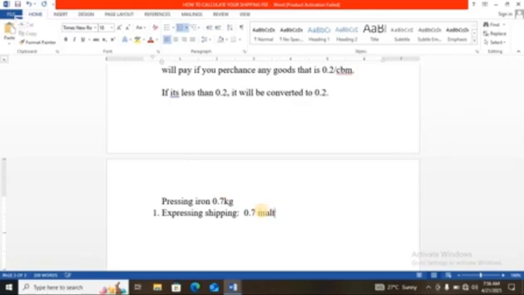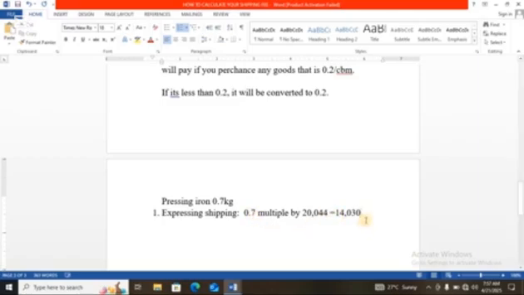multiplied by the express shipping fee, which is 20,044. What you will have is 14,030. So this is the amount you are going to pay if you are using the express shipping method. For any goods that weigh 0.7, this is the amount you are going to pay. Let's say your goods weigh 4.5.